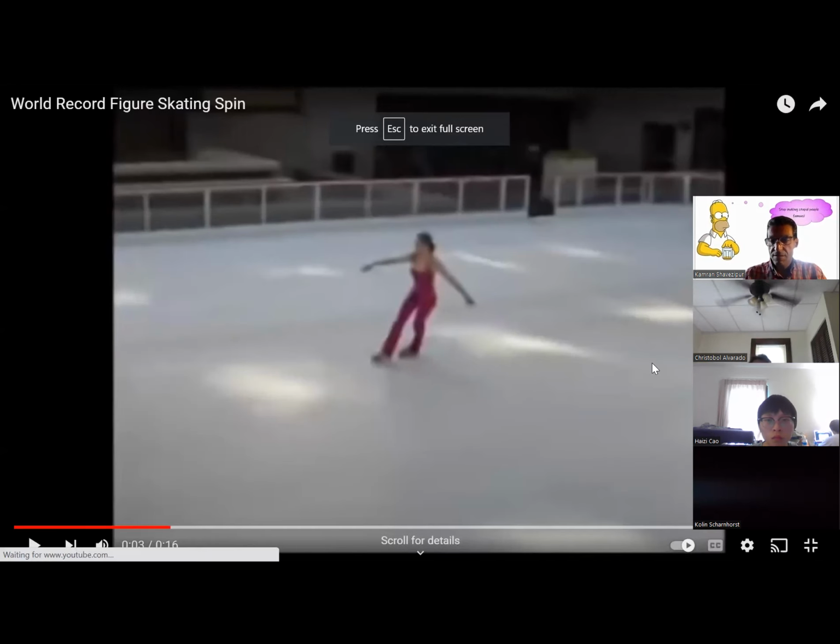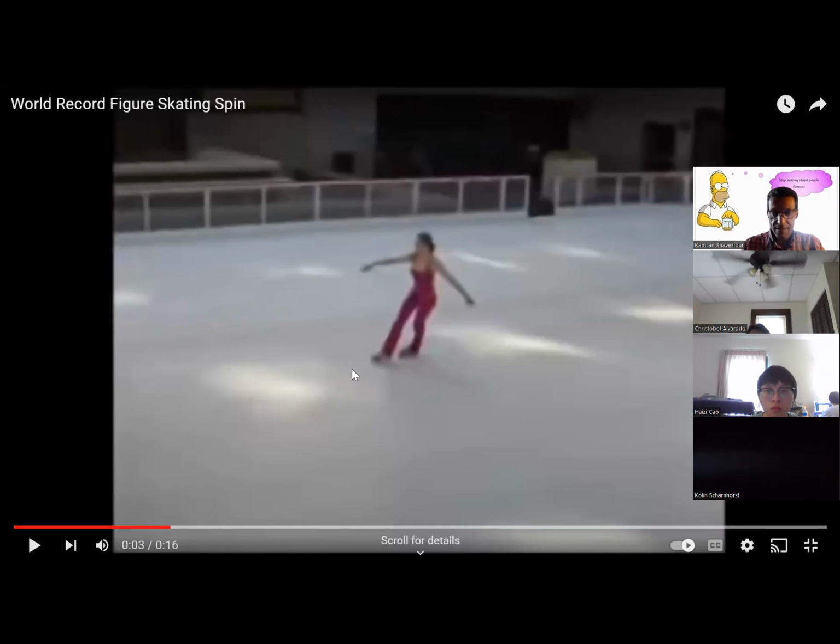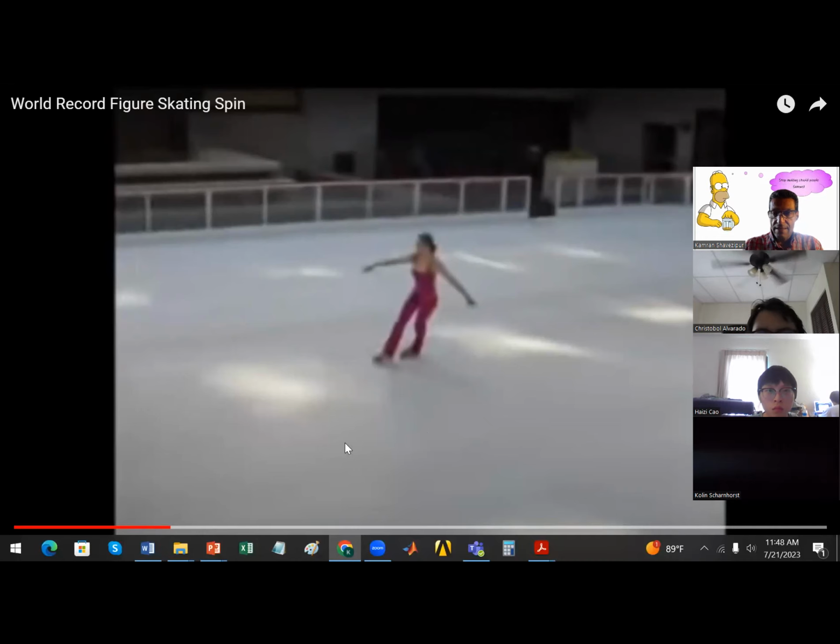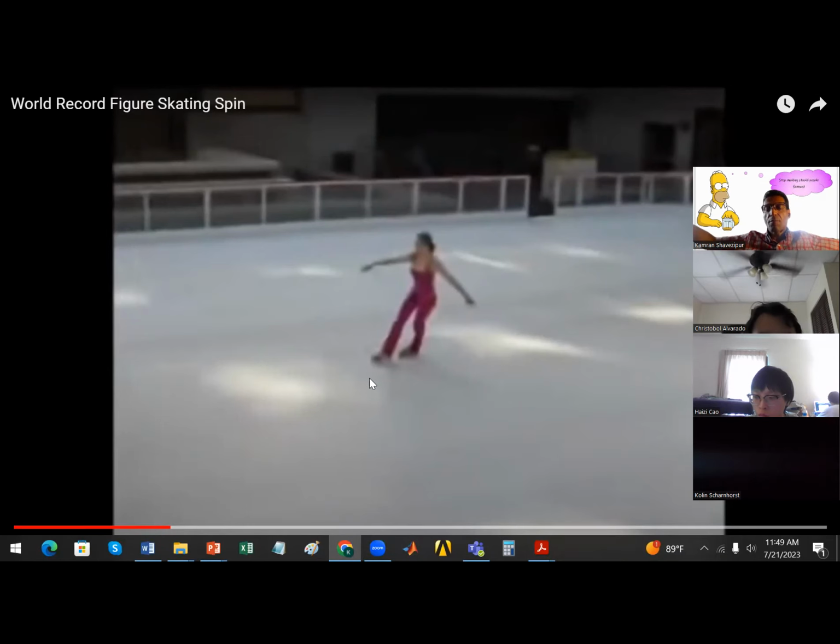When I started teaching this course many years back, I think this was the world record. And you're going to see how this works. This lady starts rotating around her vertical axis when her hands and legs are open. When the hands and legs are open, the moment of inertia about that axis is larger because you have more mass far from the body.